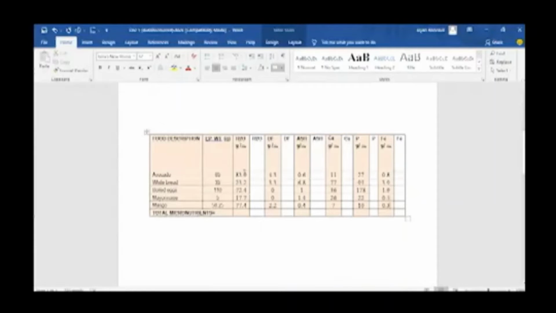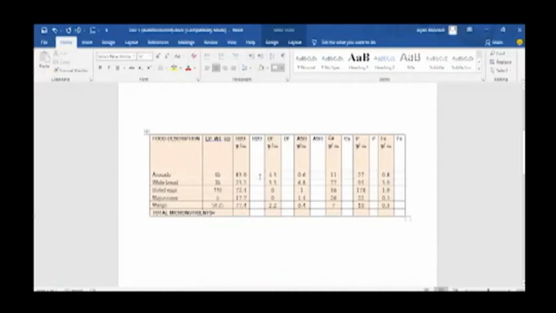So to compute this, it's the same principle as the macronutrients. You just basically multiply the grams per 100 grams table to the edible portion weight of the food that it aligns with.